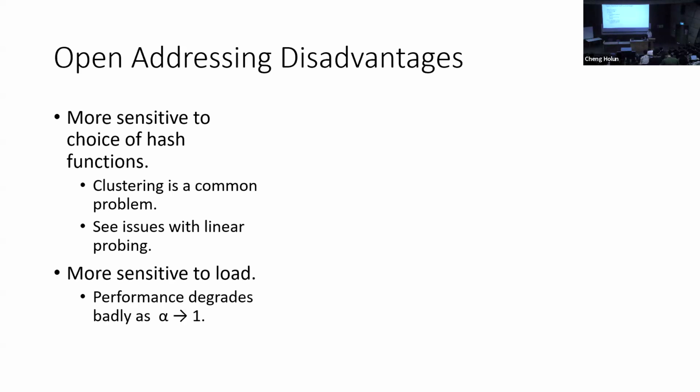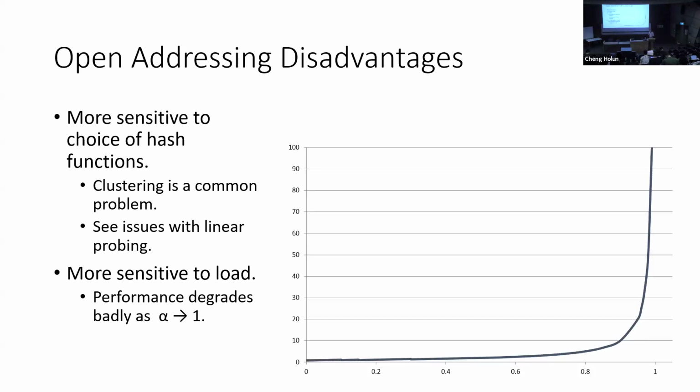Also, it's sensitive to load. If your load is close to 1, your table is almost full. This is the graph of 1 over 1 minus alpha. You can see things are very okay before 80%, but after 90%, the number goes crazy.